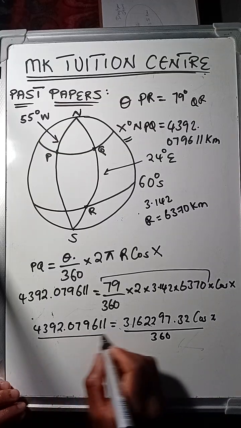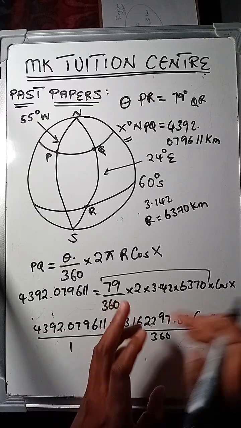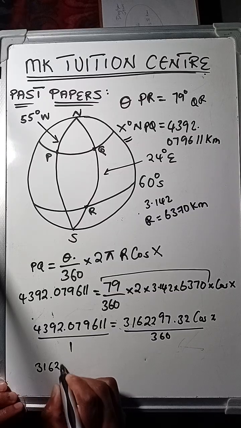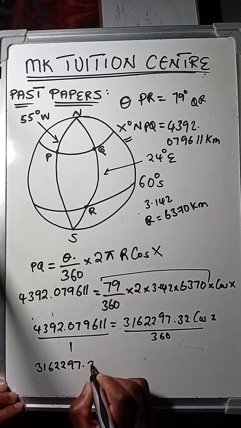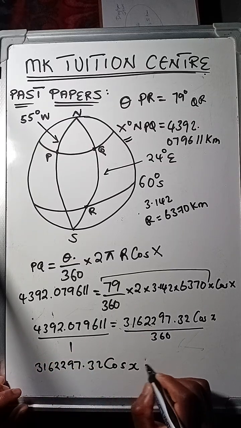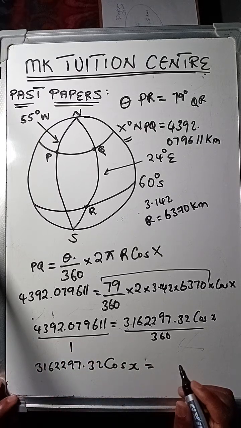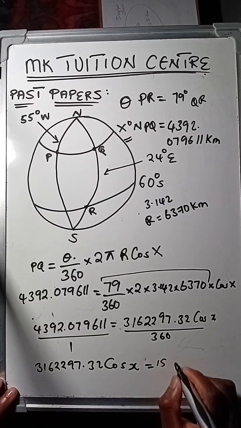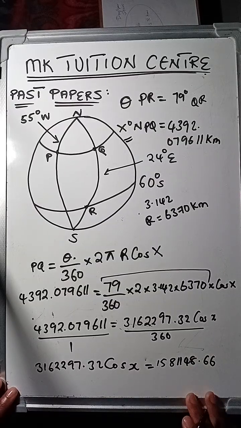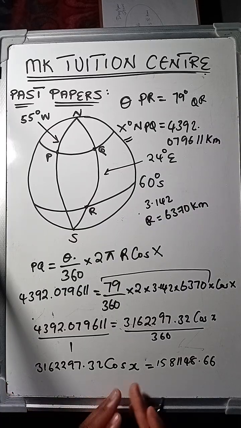Now we're going to cross multiply: 360 times that and this times that, because we want x, so we're going to multiply by this first. So 1 times this gives us 3162297.32, and 360 times that will give us 1581148.66. Now when you reach here, we are going to divide because we are planning to make x the subject.